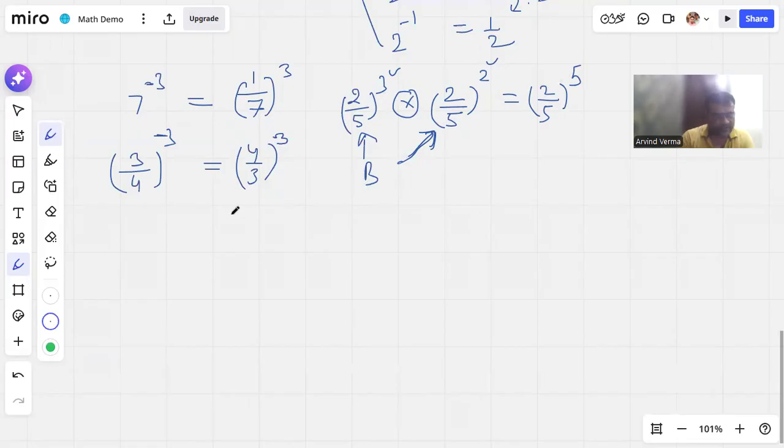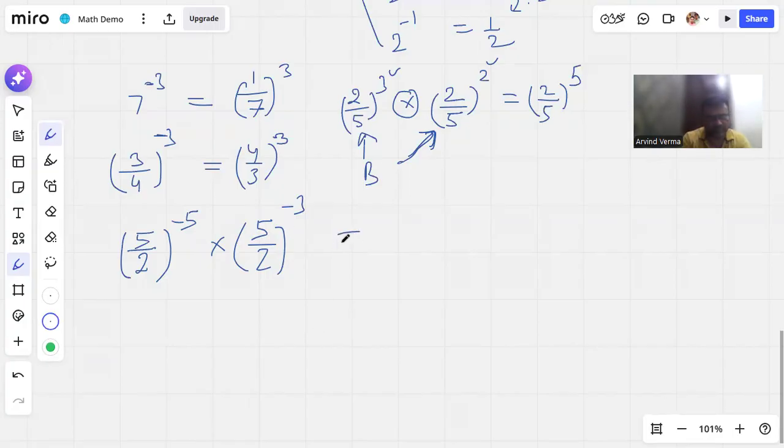Let's take another example. (5/2)^-5 times (5/2)^-3. Just for practice, can you tell me the answer? Very good. The base is 5 upon 2 in both, same base and multiplication.